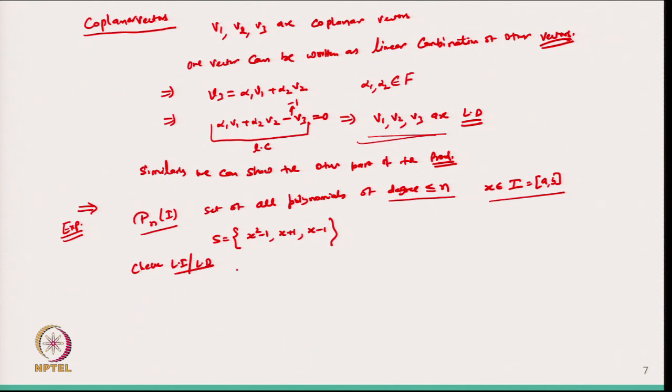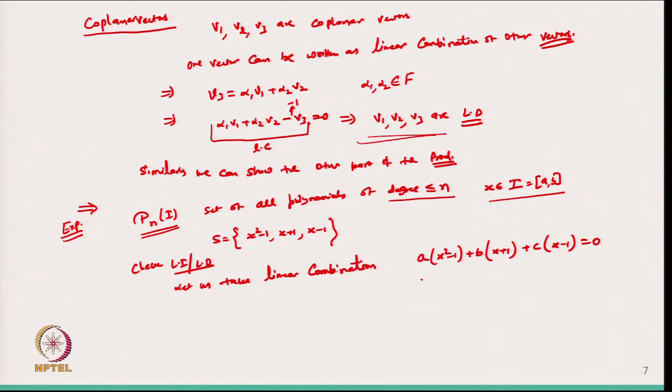Now, in this case also, let us take a linear combination. So, let us take a(x square minus 1) plus b(x plus 1) plus c(x minus 1) equal to 0. So, this is my linear combination of the vectors coming from the set of polynomials.